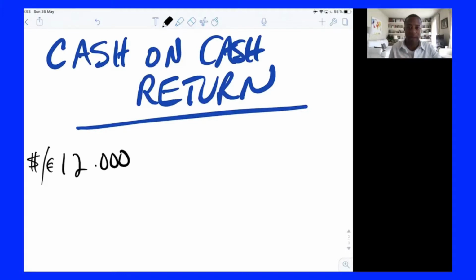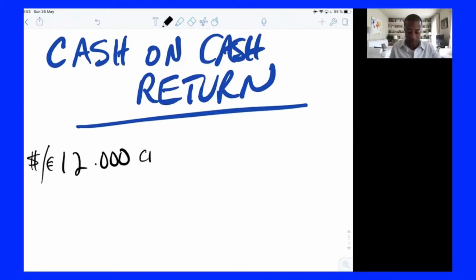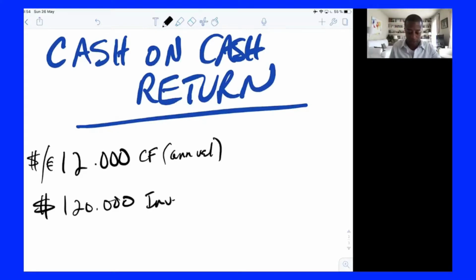You're making 12,000 in cash flow on an annual basis. And then you're looking at the money that you actually invested, right? The money that you invested in the first year was $120,000, just to keep it simple. And that is your initial invested capital.